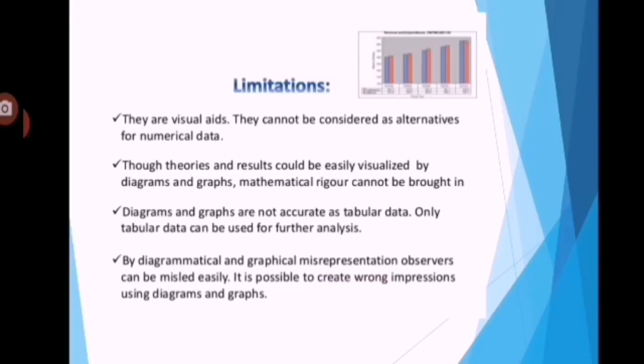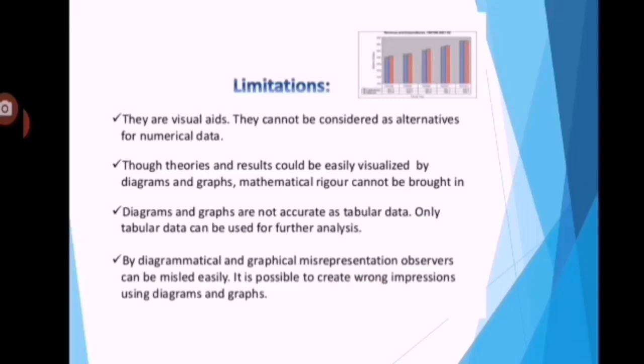Diagrams and graphs are not as accurate as tabular data. Only tabular data can be used for further analysis. By diagrammatical and graphical misrepresentation, the observer can be misled easily. It is possible to create a wrong impression using diagrams and graphs. These are the major limitations of graph representation.